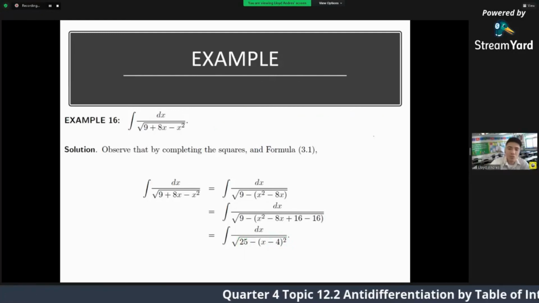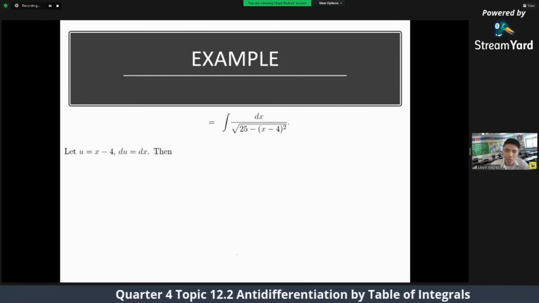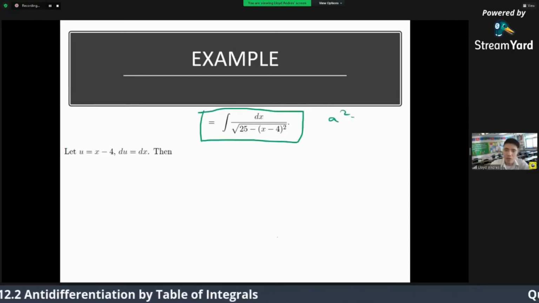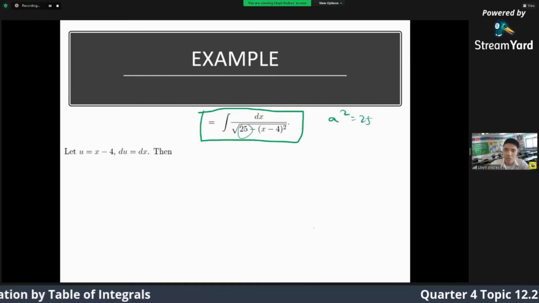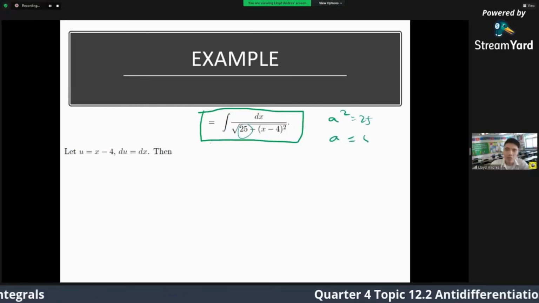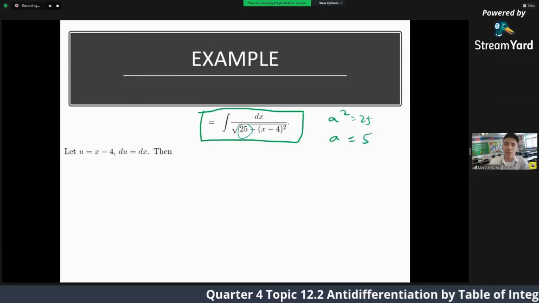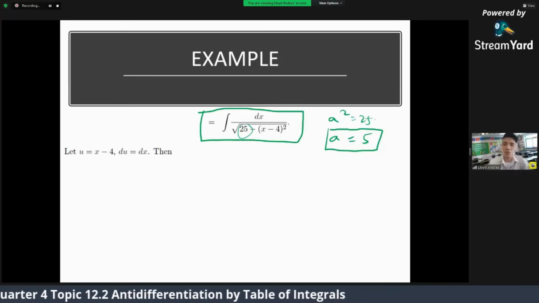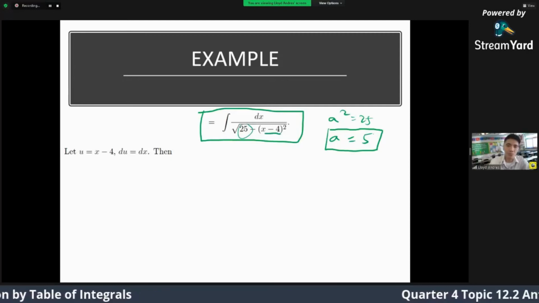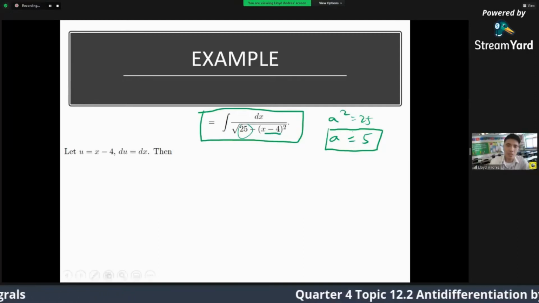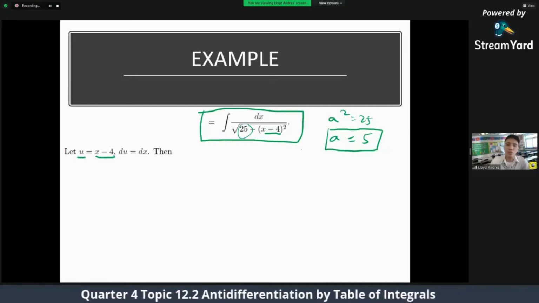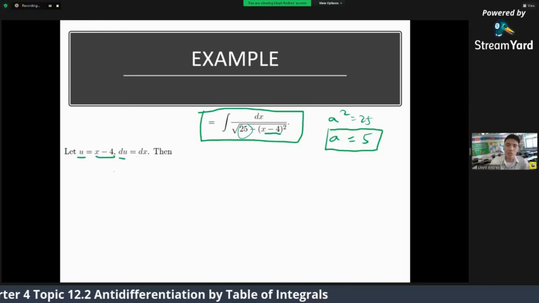Okay, so let's continue. We know our a squared is 25. So technically we will use a equals 5, since the square root of 25 is positive or negative, but since a should be greater than 0, we use positive only. And aside from that, we let x minus 4 be u, so du is dx.